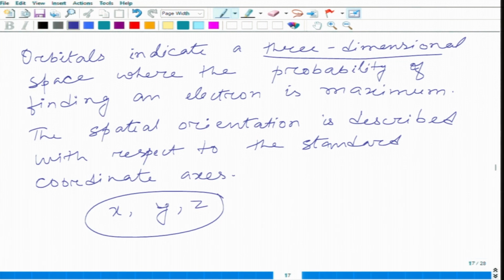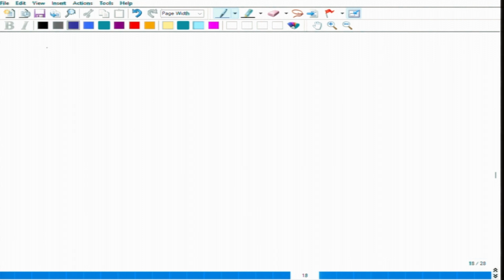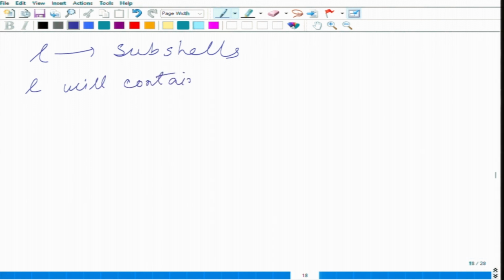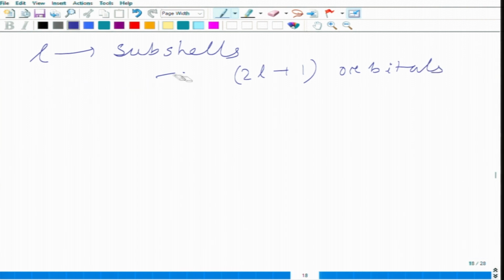So, if the azimuthal quantum number is L, that is L represents the subshells, then each subshell contains 2L plus 1 orbitals.